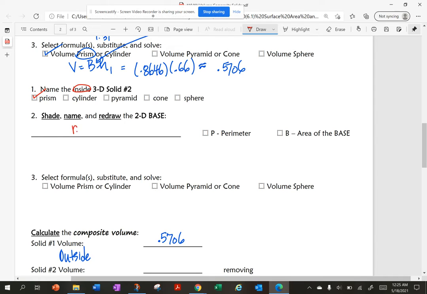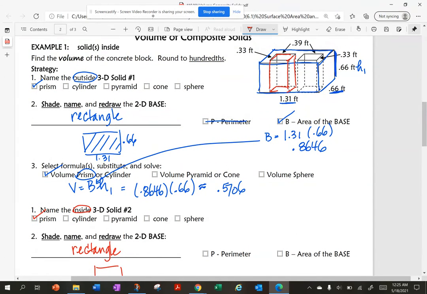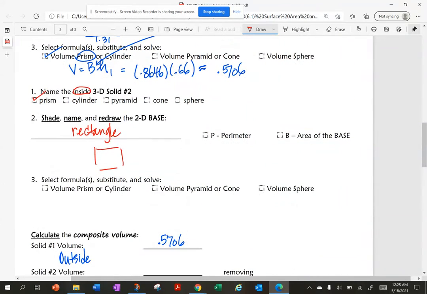I still have a rectangle for my base, but this time my base is here. So my base is 0.33 by 0.39.